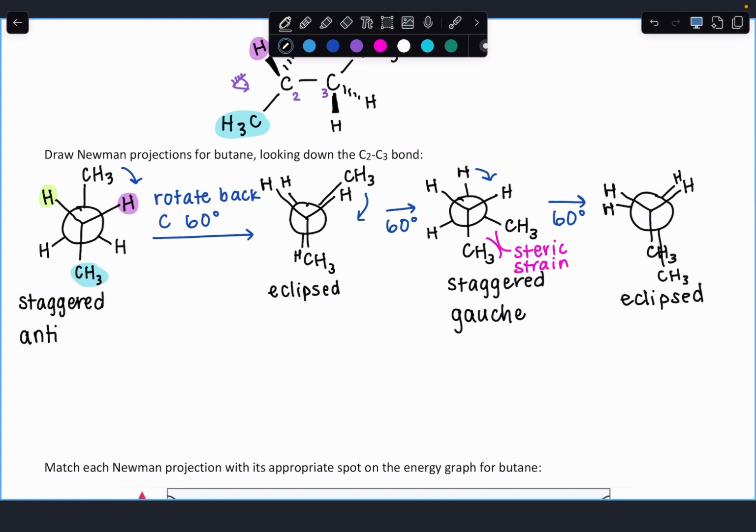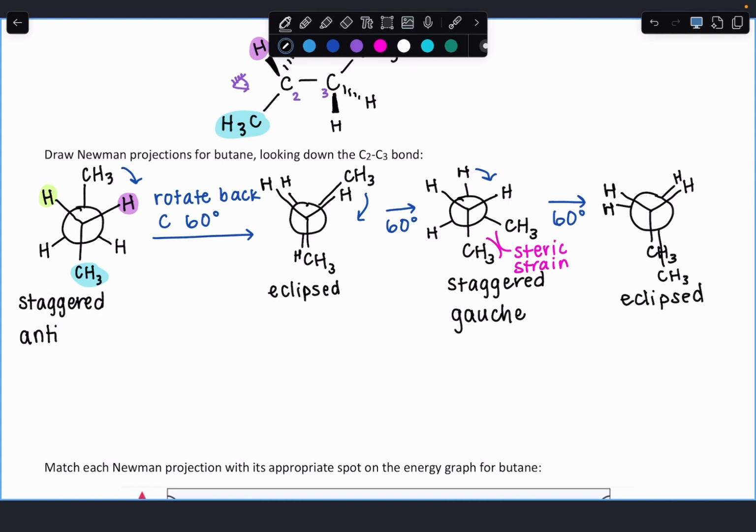We have more electrons in each of these CH3 groups, more intense torsional strain, and there's steric strain because we have the two large groups overlapping with each other. So this is the highest energy, when the large groups are eclipsed. This is the lowest energy, when the large groups are anti to each other.